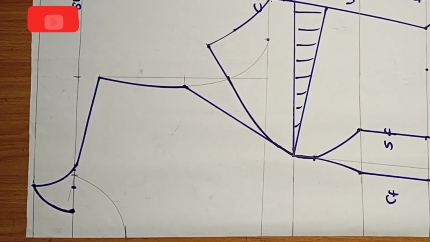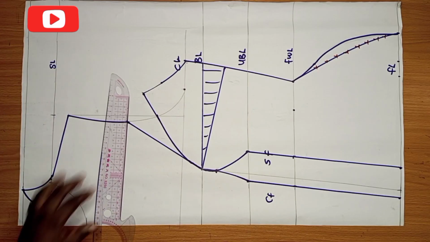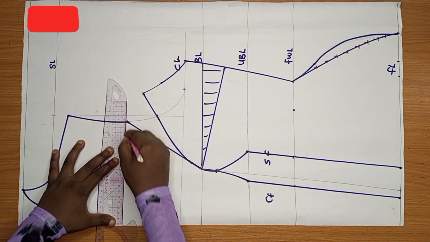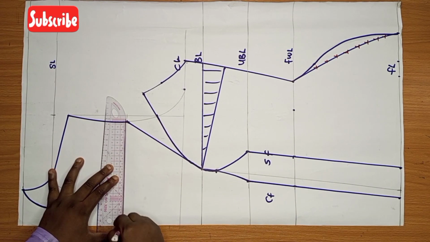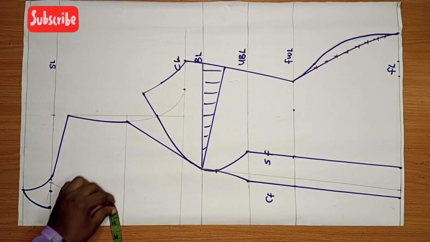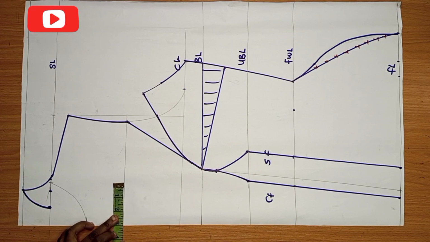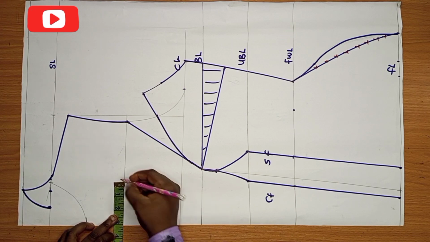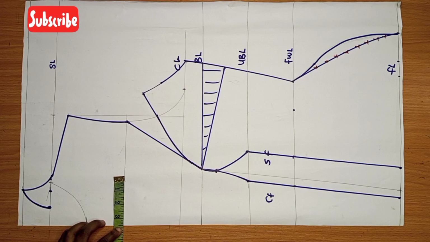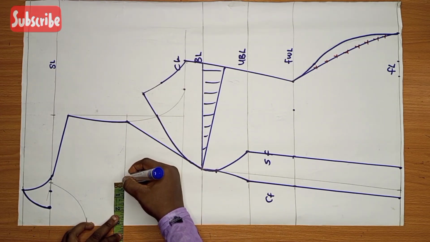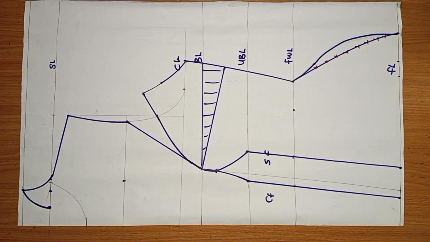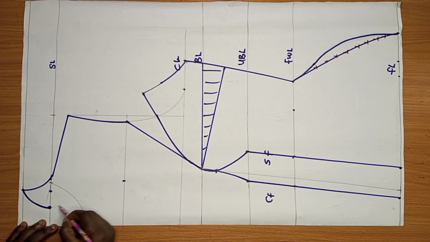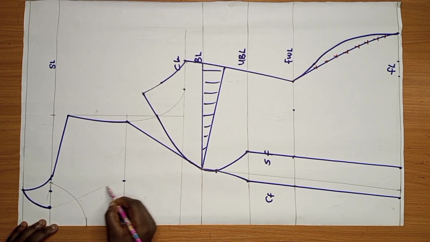Now the next thing I'm going to do is to rule a straight line across this middle armhole part. Okay, now from that point I'm going to go in by 3 inches just to get that opening around the chest area. Now I will mark the point there, and then I will go in with my pencil to connect it from this point here to that point I marked across the middle part of my armhole.